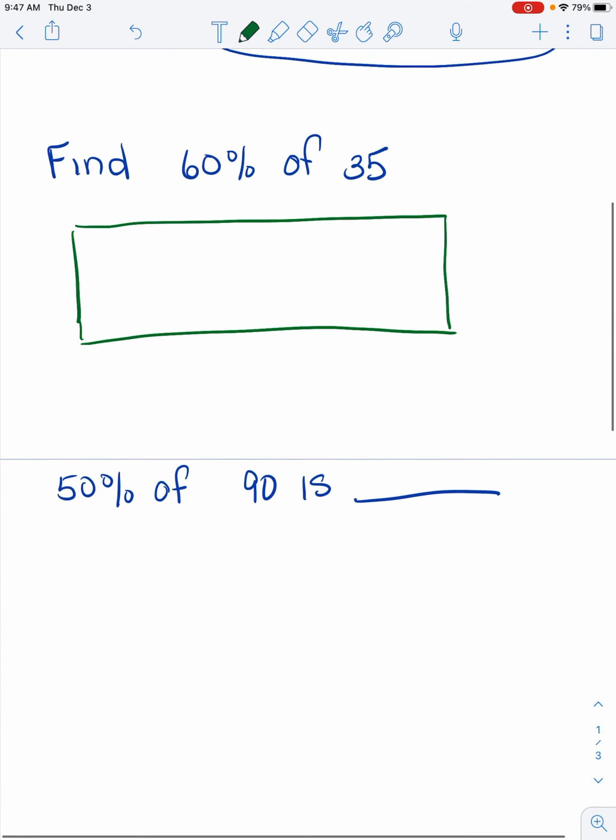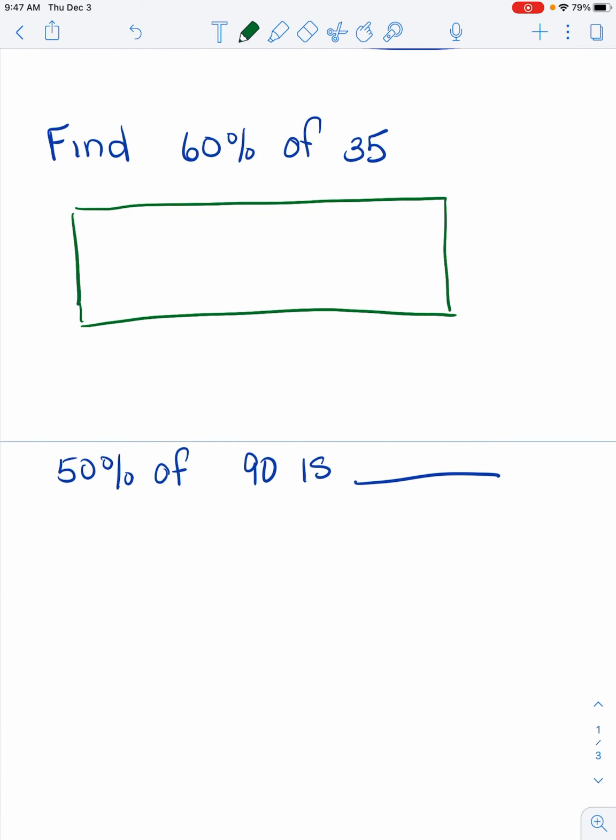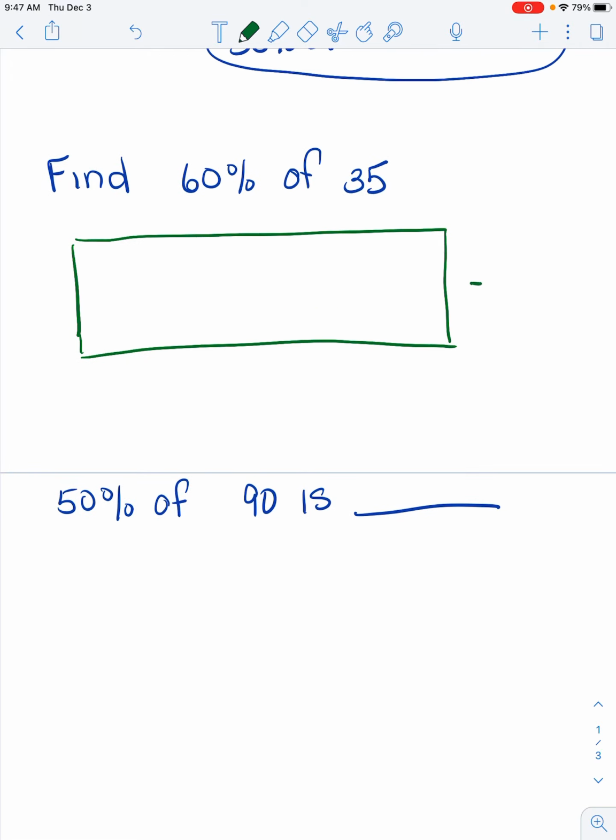I know that the total is going to be 35, and I know that this whole rectangle represents 100%.